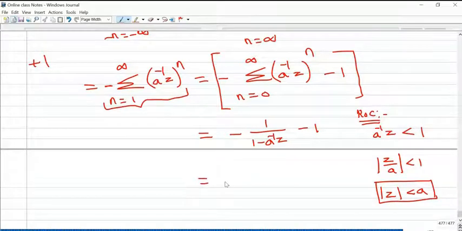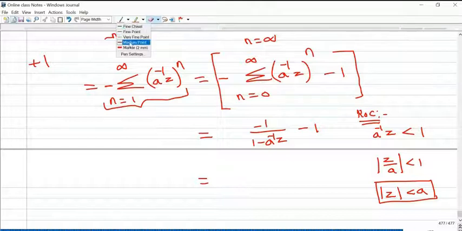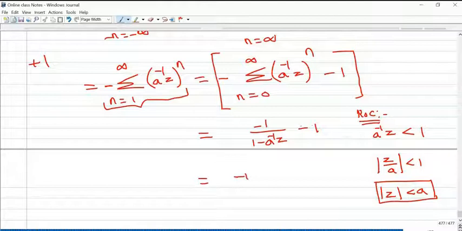To simplify this, minus, multiply this one. Minus into minus 1 divided by 1 minus a z inverse. So minus 1 into 1.